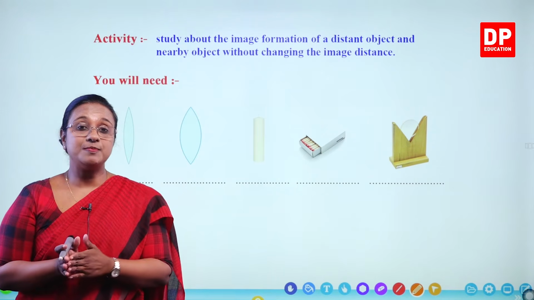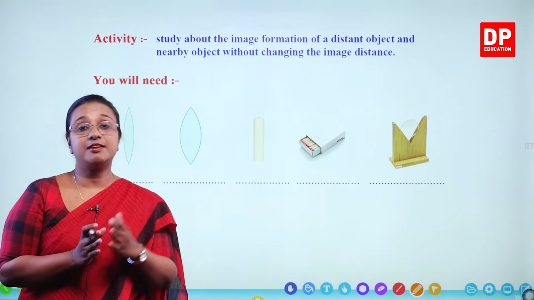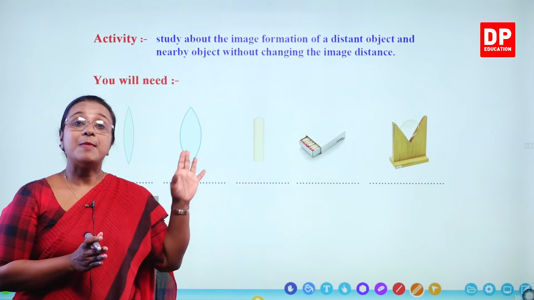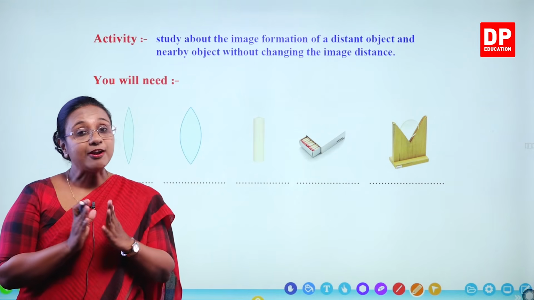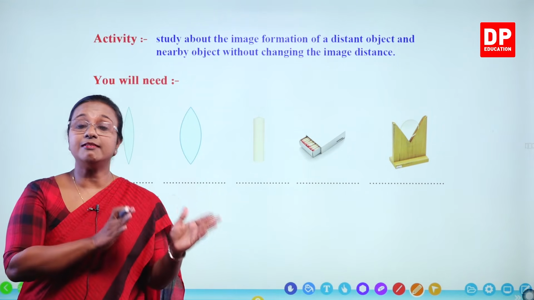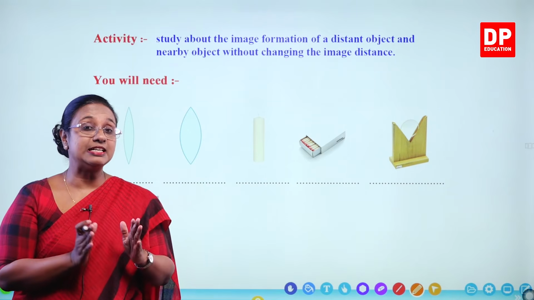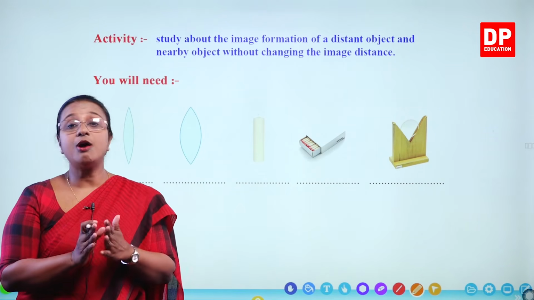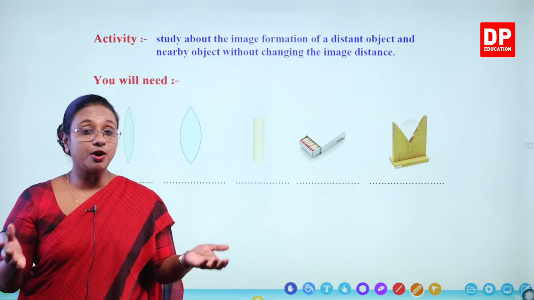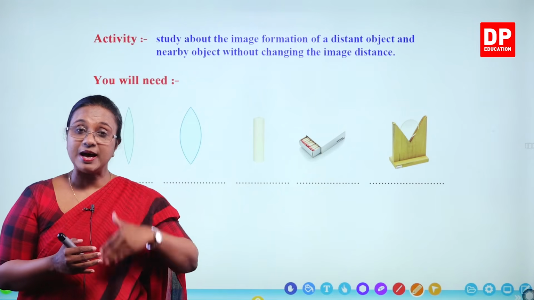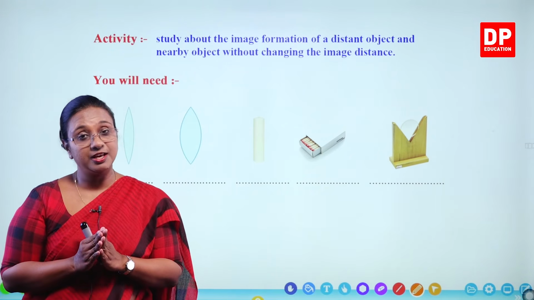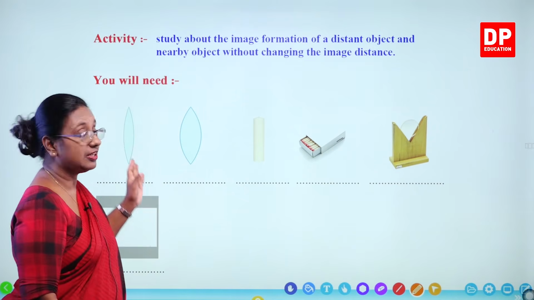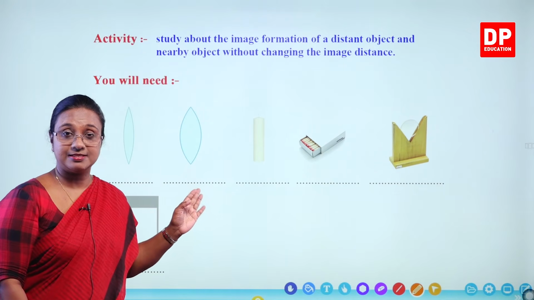For a close by object, the image forms far away from the lens. But in the eye, we cannot change the distance between the retina and the lens. That is, the image distance cannot be changed. So then how can we observe the different objects, objects that are close by and objects that are far away? We are going to do this activity to understand that concept.